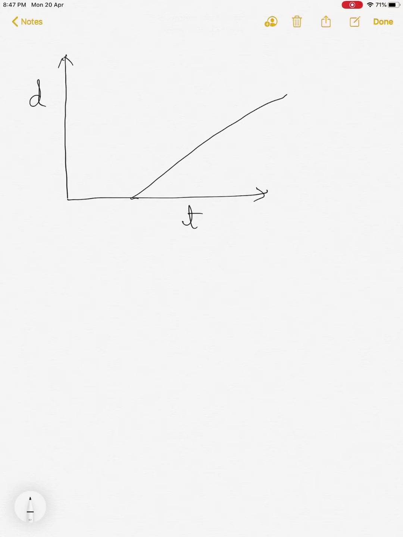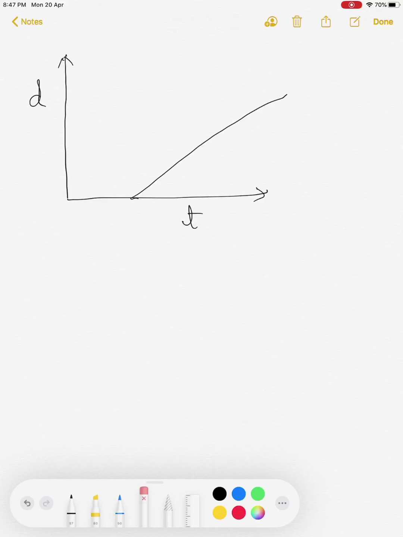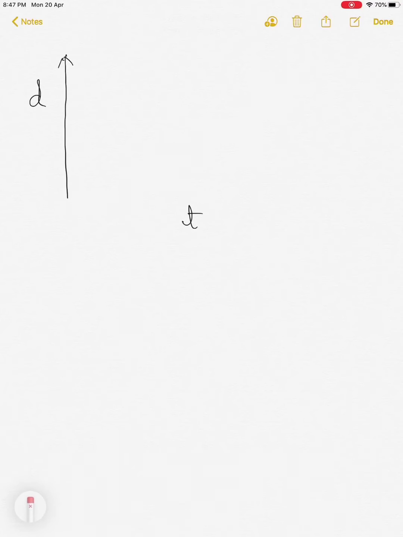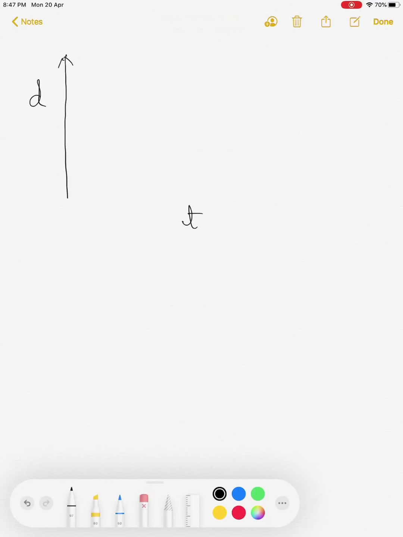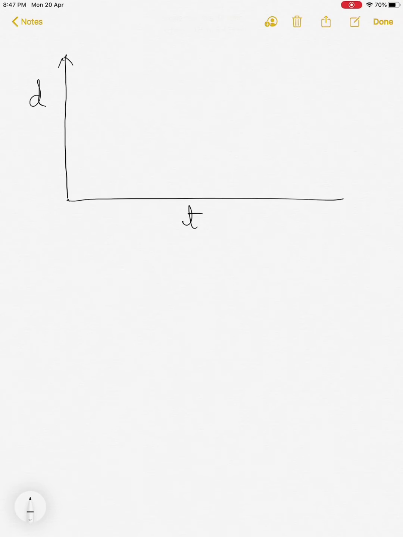Let this graph be in this form. We want to find the speed of this object between points A and B. We draw perpendiculars from A and from B on the time axis. In this way I join.